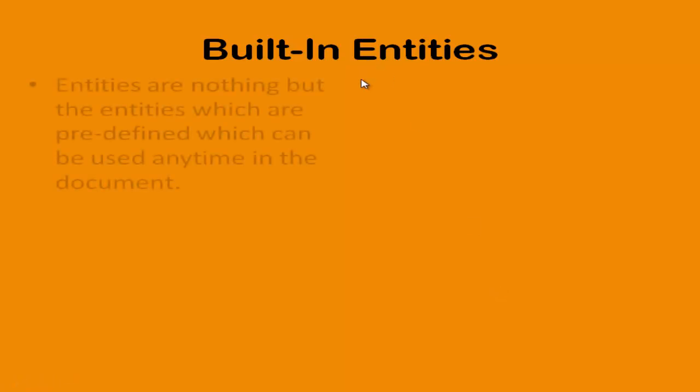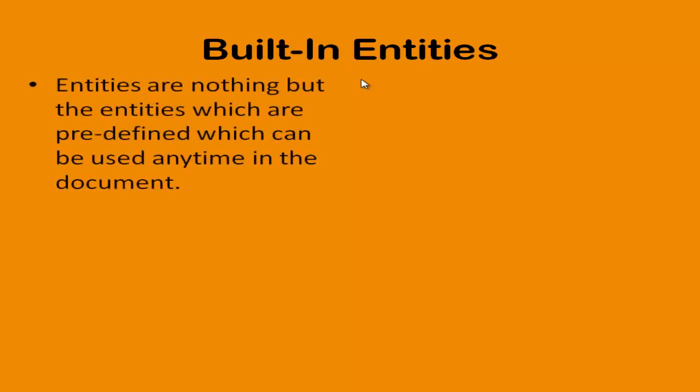Built-in entities. As the name states, built-in entities are nothing but the entities which are predefined, which can be used anywhere in the document. So predefined entities which are present inside the XML are known as built-in entities.